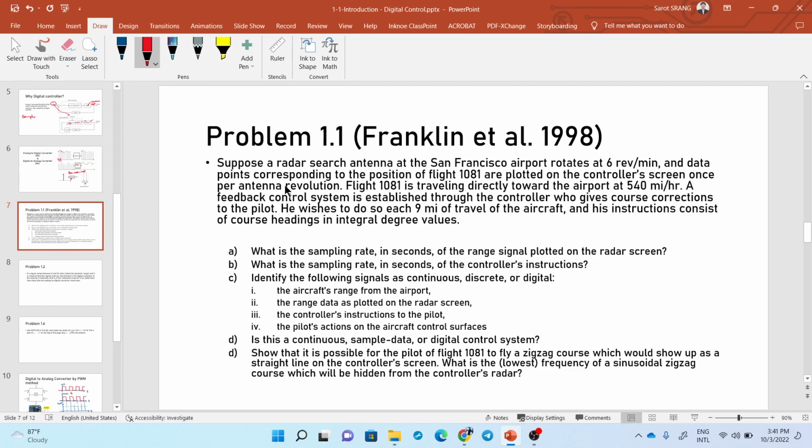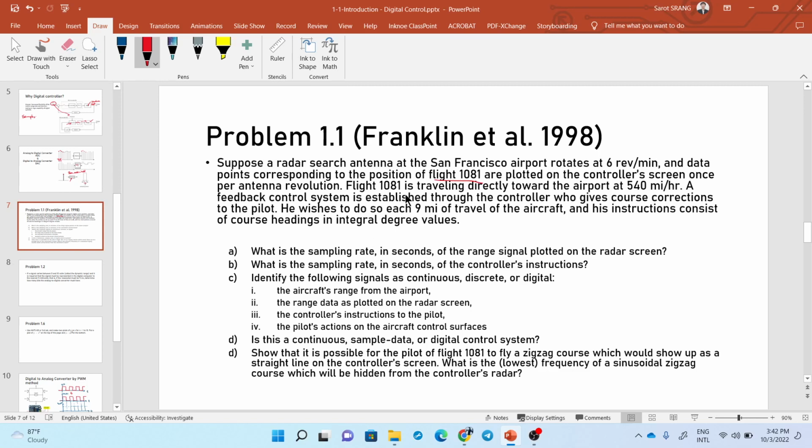And data points corresponding to the position of flight 1081 are plotted on the controller screen once per antenna revolution. So the antenna rotates one revolution and records the data of one aircraft.